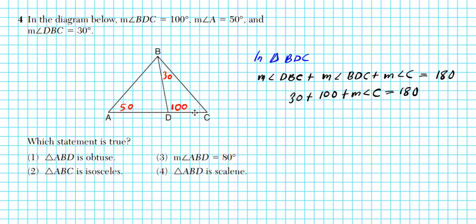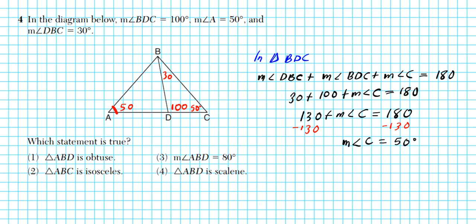The goal here is to find this angle so we'll know what type of triangle ABC is. So 30 plus 100 is 130 plus measure of angle C is 180. If you subtract 130 from both sides of the equation, that gives you the measure of angle C, which is 50 degrees. So this is going to be 50 degrees right here.